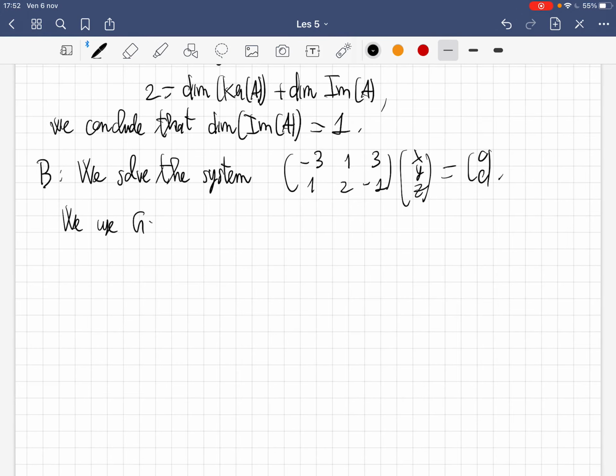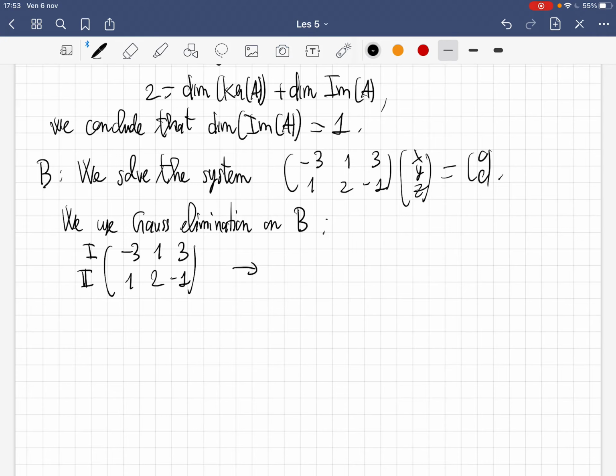We use Gauss elimination on B. So here let me be a little bit streamlined.